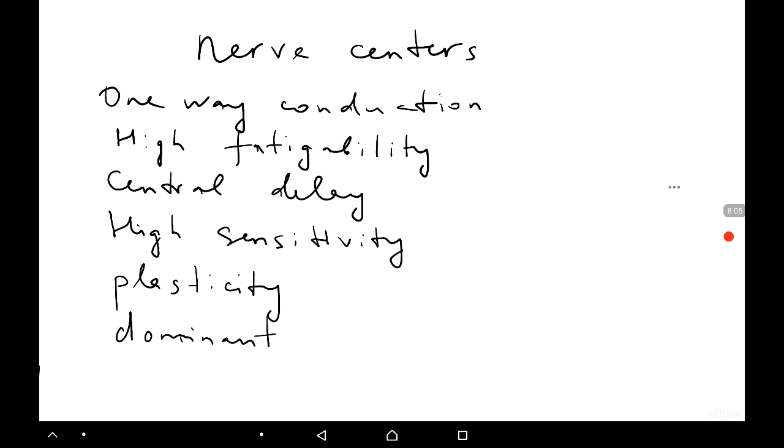And an example, if a person is hungry and is thirsty at the moment, then thirst will be dominating because it is most important for survival, more important than hunger. And after the person will satisfy the thirst, then he will feel the hunger.